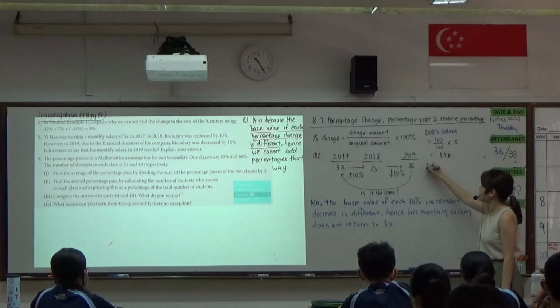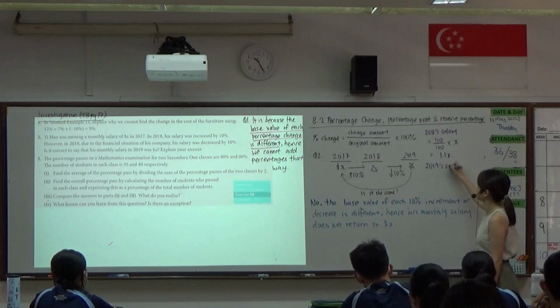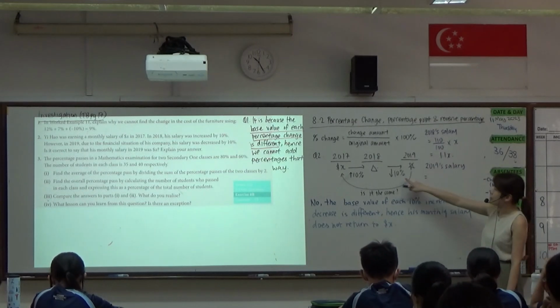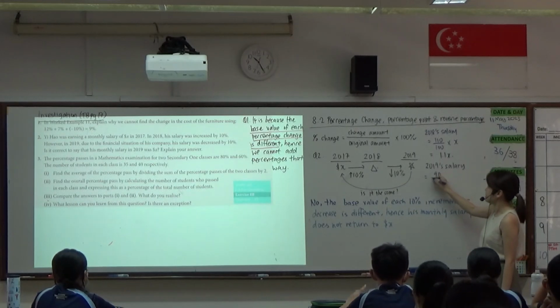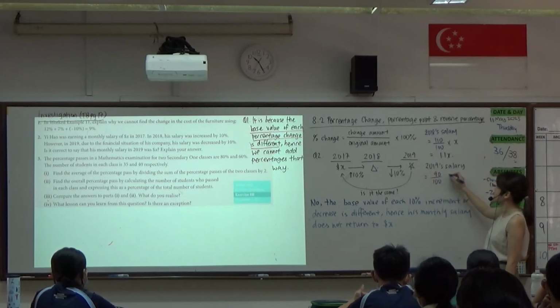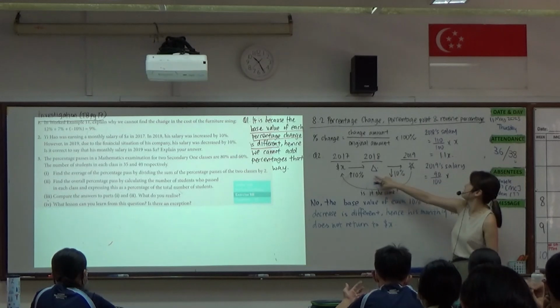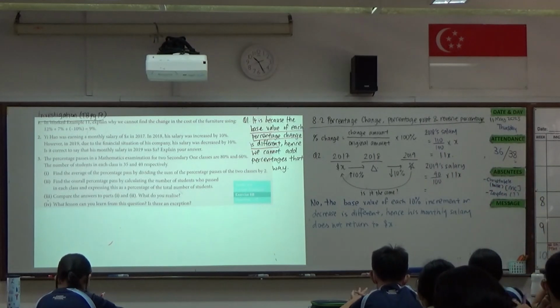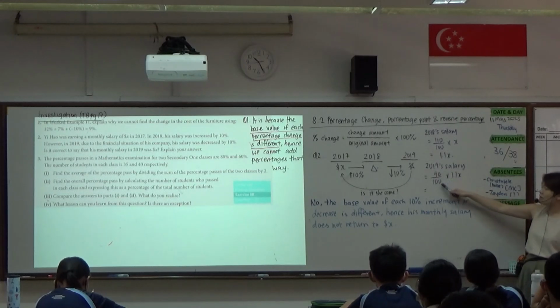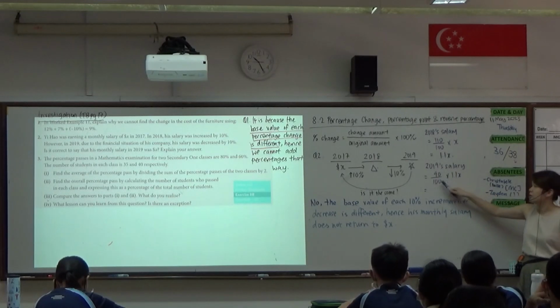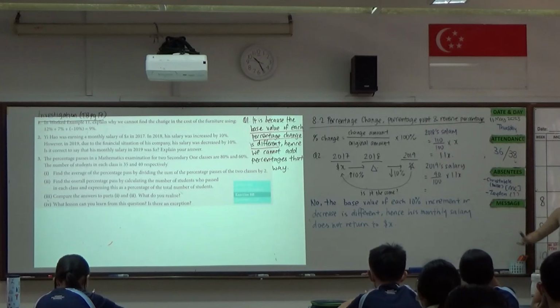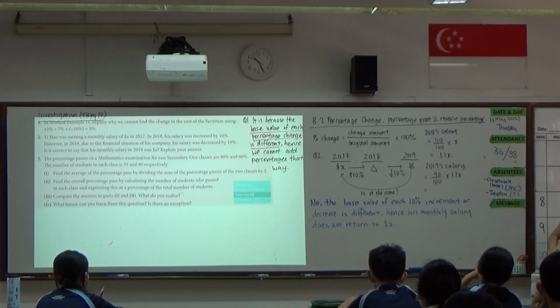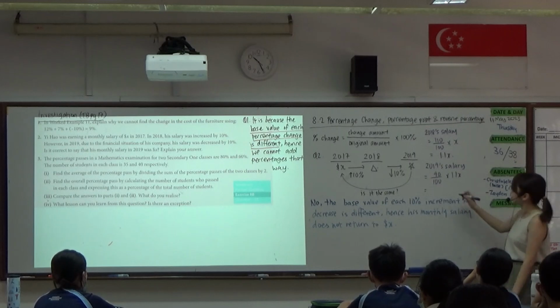And then the 2019 salary will be a decrease of 10%, so 90% in 2019 of this value here, which is 1.1X. And using our calculator, 90 over 100 times 1.1, just calculating numbers itself, we would be able to get 0.99X.